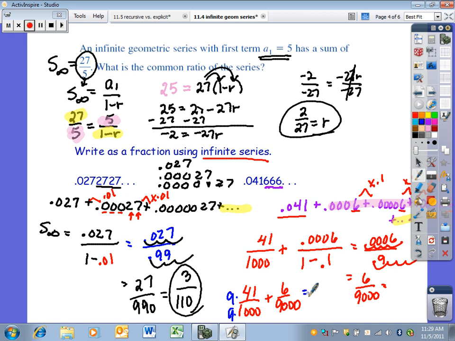That gives me 369 over 9,000 plus 6 over 9,000, which is 375 over 9,000, which simplifies to 1 over 24.